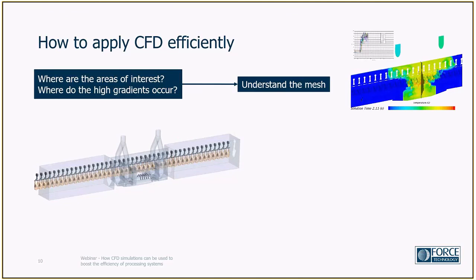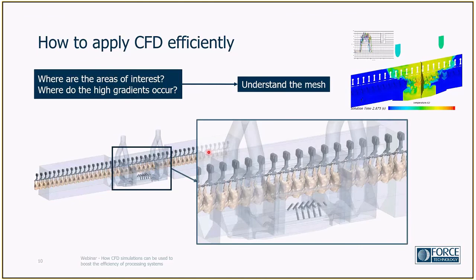So it's a large part of the model, and actually all the high gradients and all the change in the temperature and velocity are happening here, in the disinfection chamber, in this part.